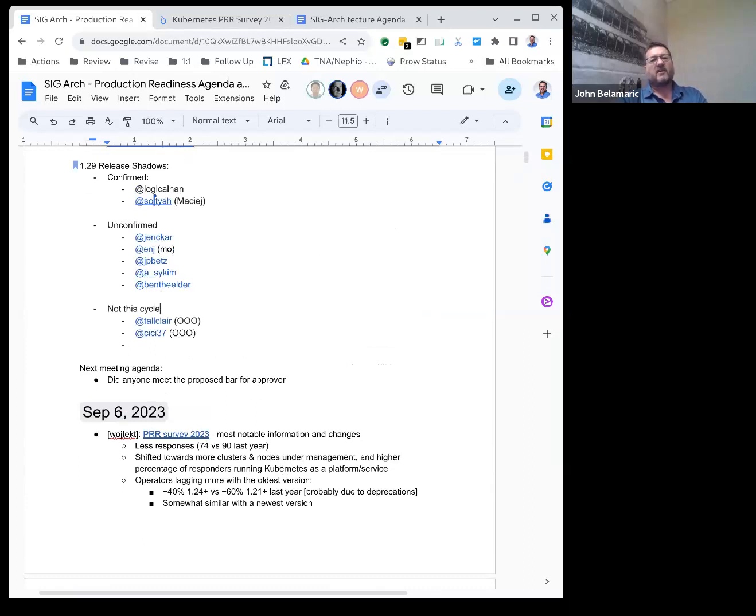In the next week or so, we should hopefully be seeing enough KEPs coming in, and the board should be up and running so we can start doing assignments. And then after 1.29, we can have a discussion of whether we think people are ready to graduate or whether we need to shift the approach, like David was saying.